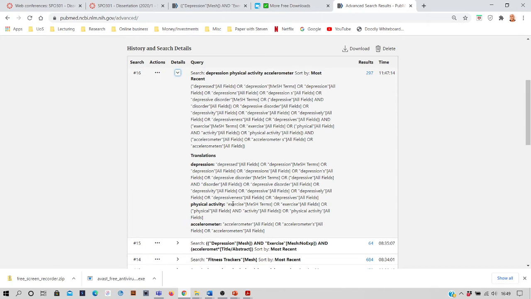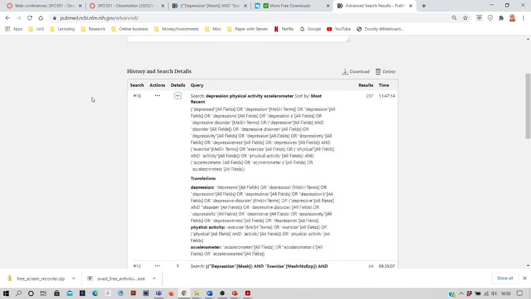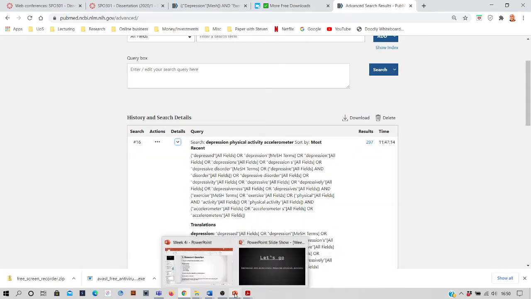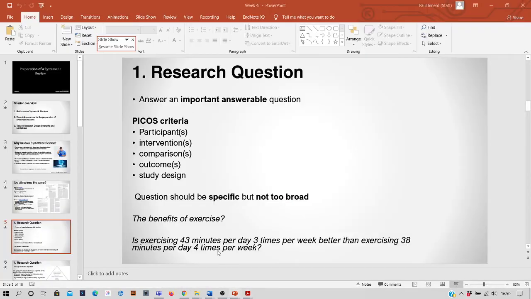Physical activity, it's also used exercise, and it hasn't done too bad there, and hasn't done too bad here either. But we use those Boolean operators so that we can get a better quality search. And that's really what it's about.